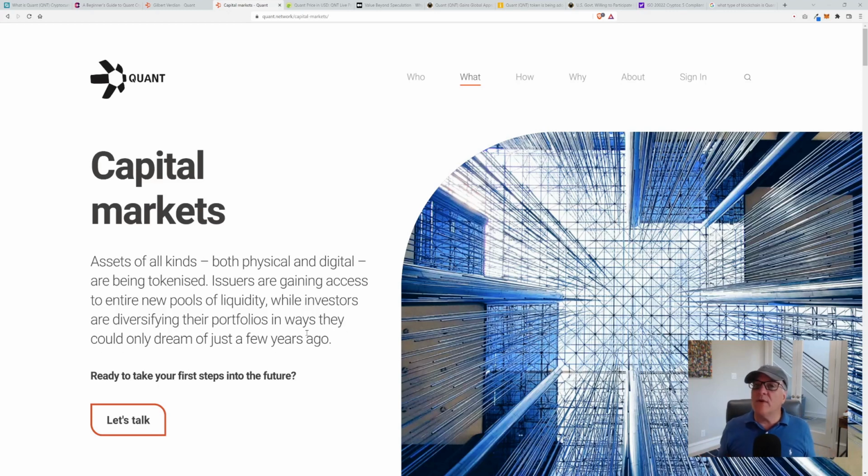Guys, we are going to see the tokenization of all asset classes, and it's going to happen within the next 5 to 10 years. Quant has already started down that road and has started to develop the means in which to do that right now. And as a market leader, they are going to have a huge market share, in my opinion.